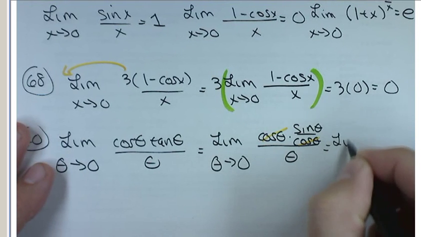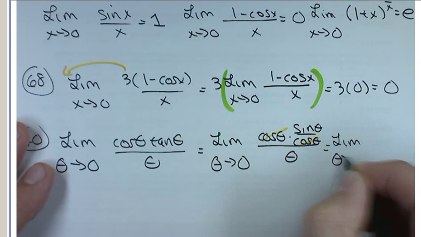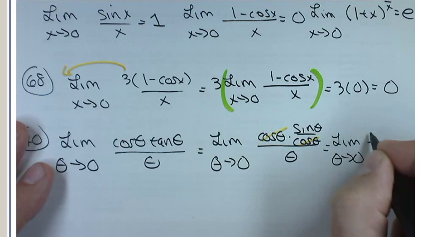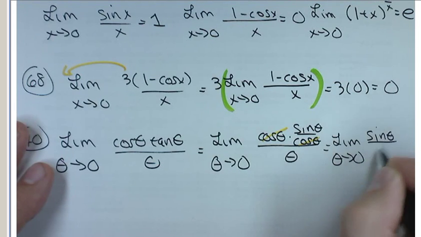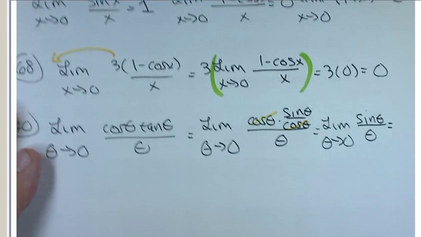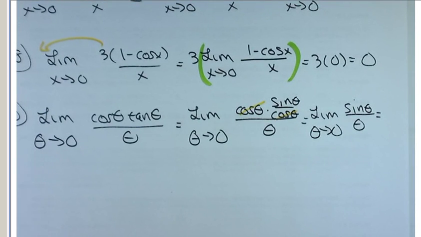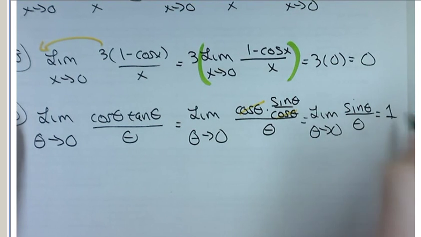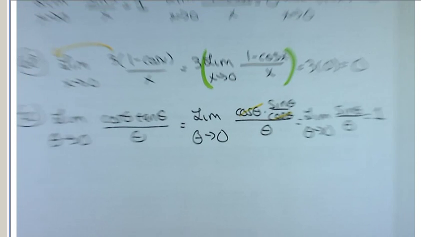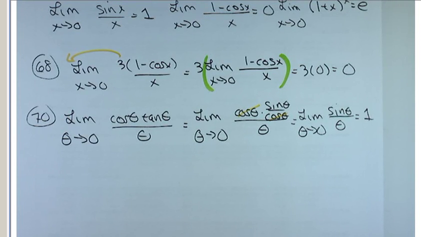That simplifies this to the limit as theta approaches 0 of the sine of theta over theta. And what's the result of that? 1. Yes. So again, just using the results that were given up above.